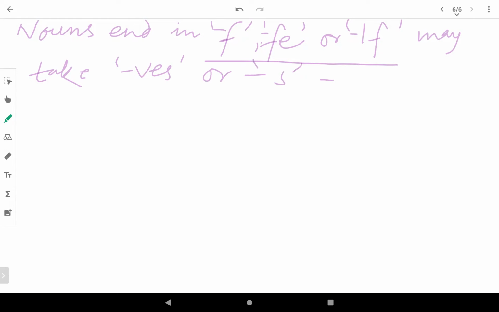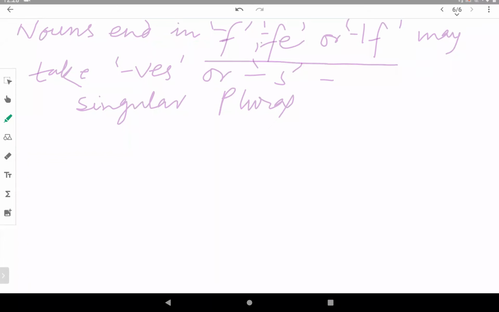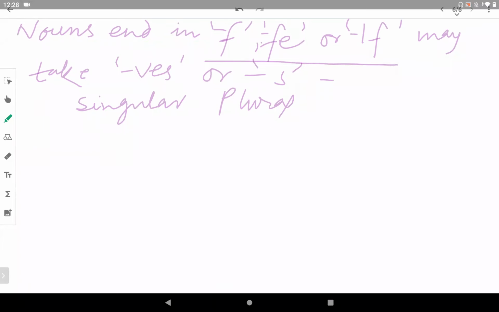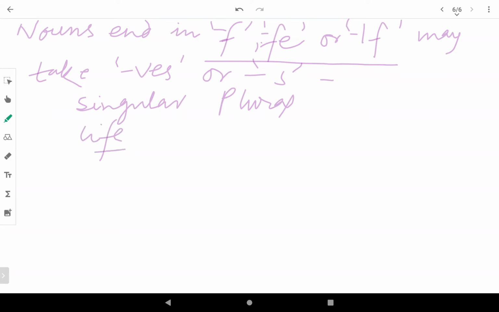For example, life, fe, life, calf, calves, lf, and what remains f.